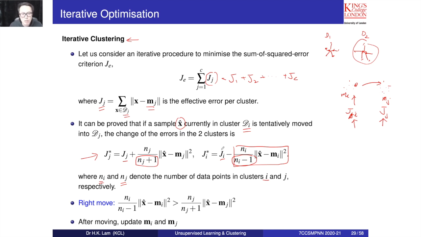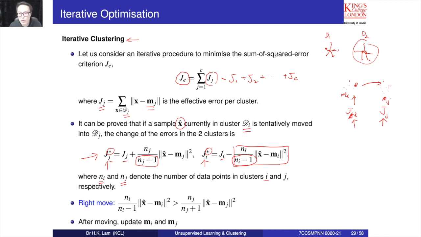So Ji is reduced, Jj is increased. The resultant cost, we use the star to indicate. After we move a sample from i to j, these are the resultant costs after the move. Now we need to think about whether this move is the right move. If the move is right, that means before and after the move, the total cost is reduced.